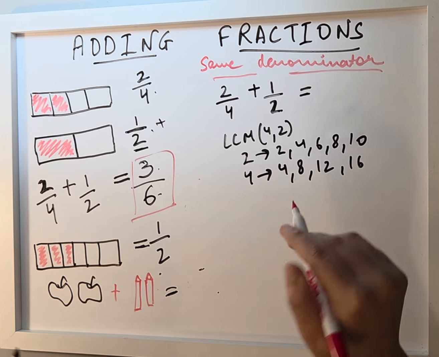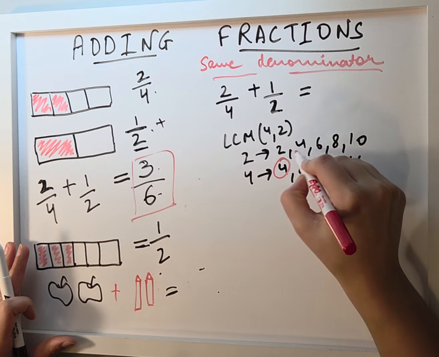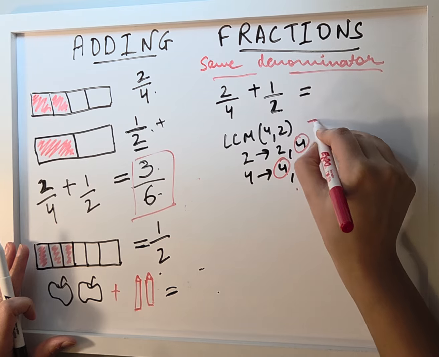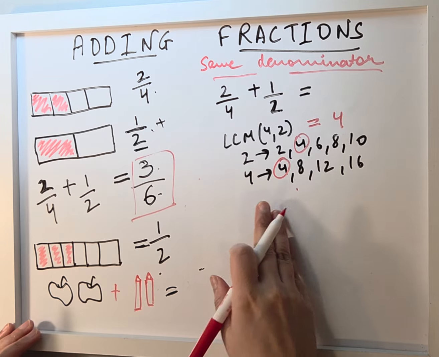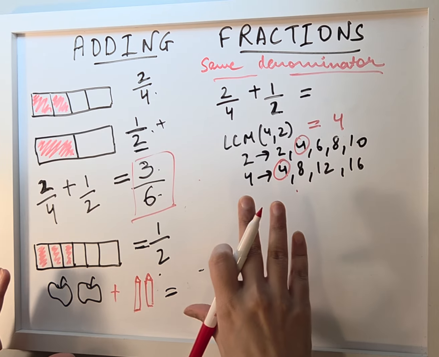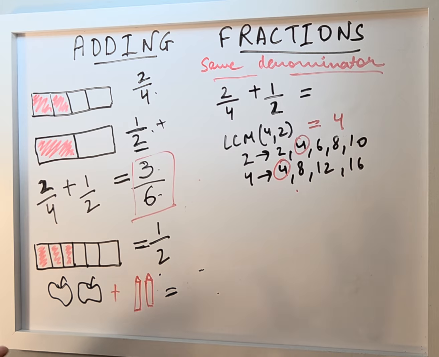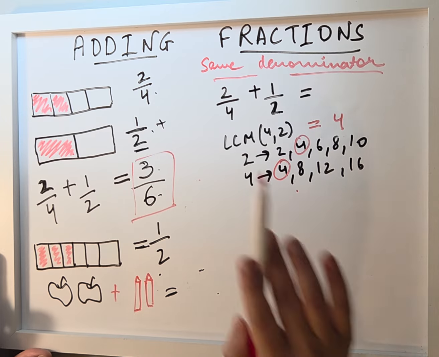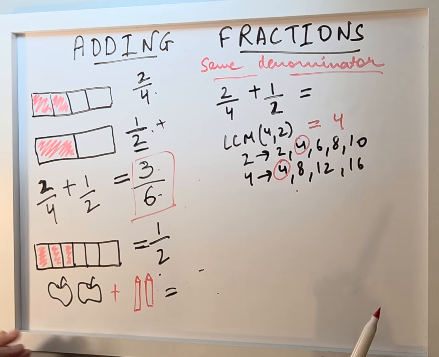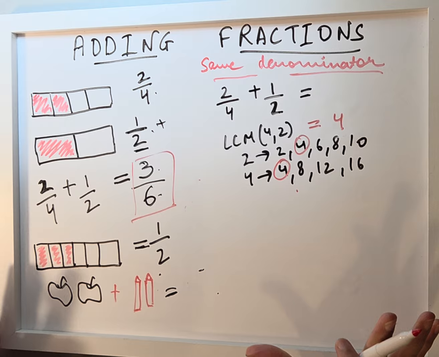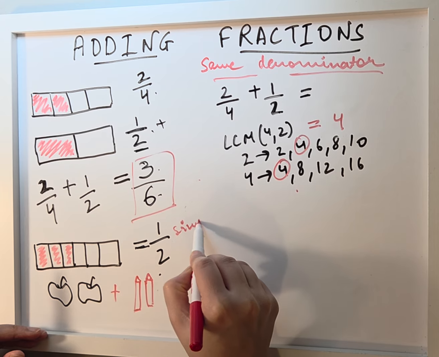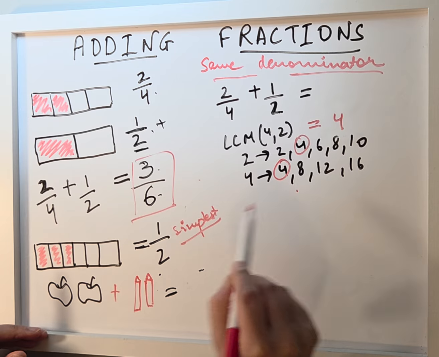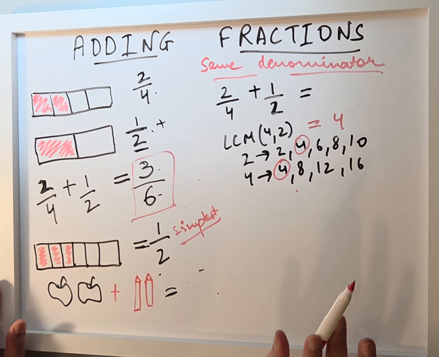Then we find the least common multiple, which is 4 in this case. We could use bigger numbers too, but that would make our calculations more complicated, and eventually we have to give the answer in the simplest form. That's why we go with the least common multiple.